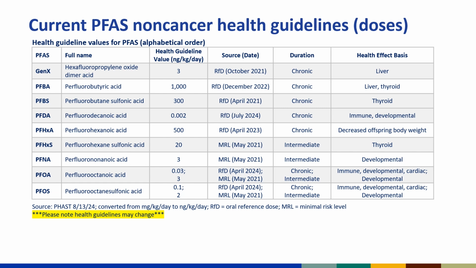This slide shows the current health guidelines, ATSDR minimal risk levels or EPA reference doses available for PFAS and reported in FAST. Note I've converted these to nanograms per kilogram per day, as I mentioned before. You can see from this table that the chronic RfDs for PFOA and PFOS are much lower than the intermediate MRLs. Two notes.